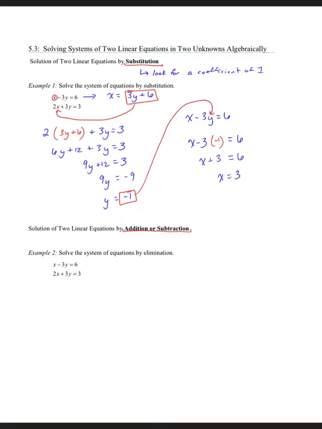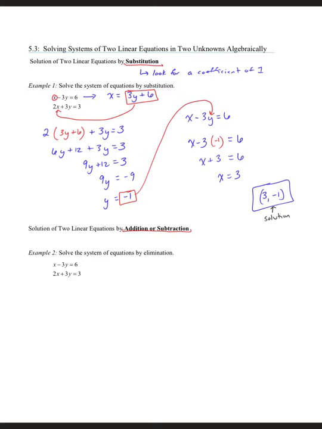So now we have a solution of 3, negative 1. Again, that point there is what we call the solution. And what you should always do is substitute your solution back into both originals to make sure it makes both of them true.